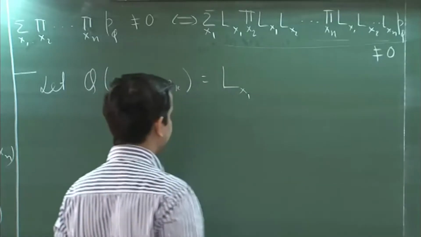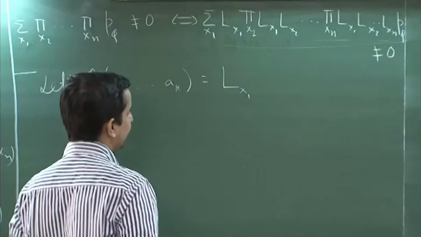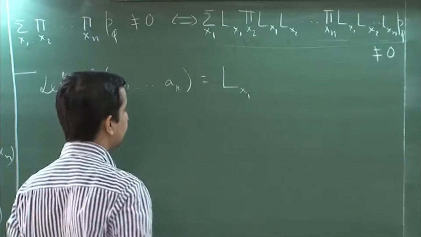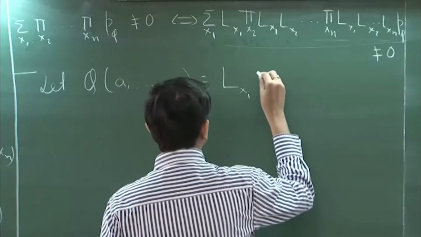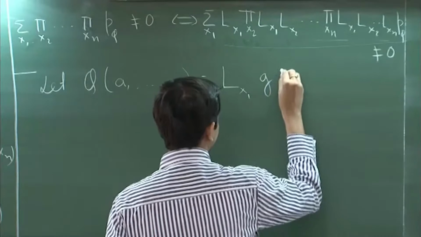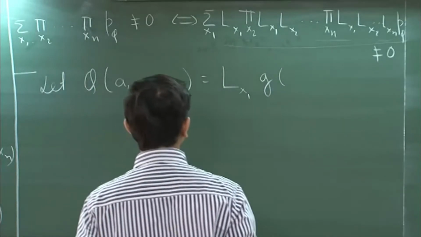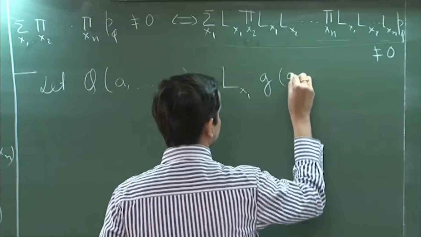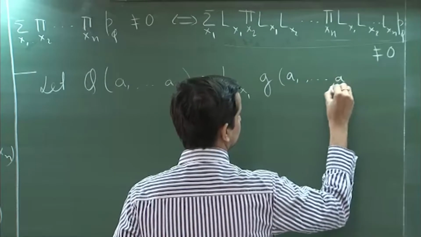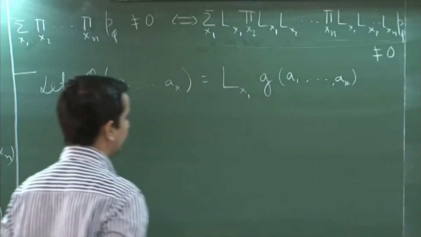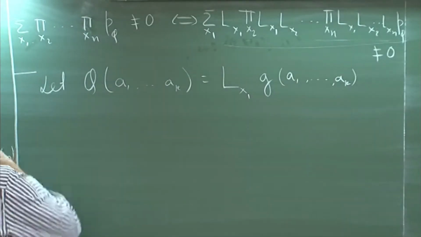I can always rename my variable so that it is the first variable of, let us say, something like G of A1 through AK.